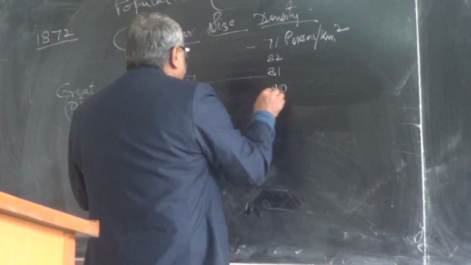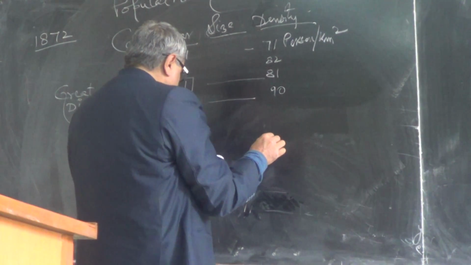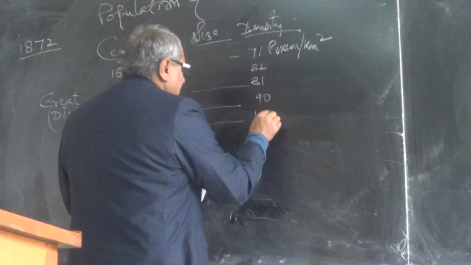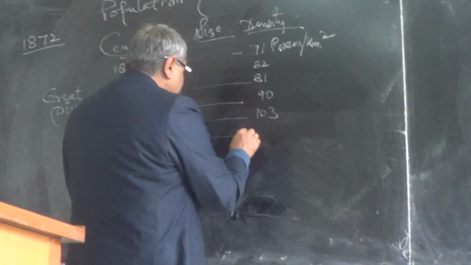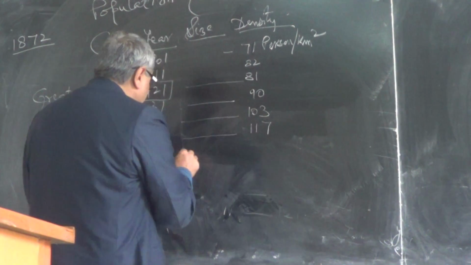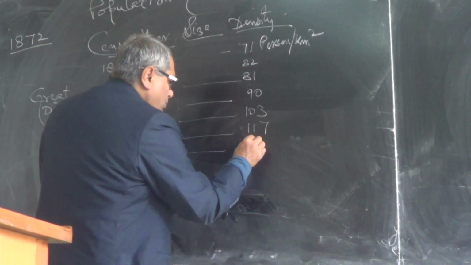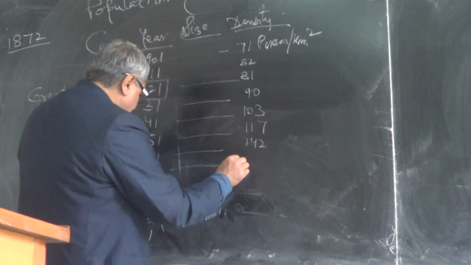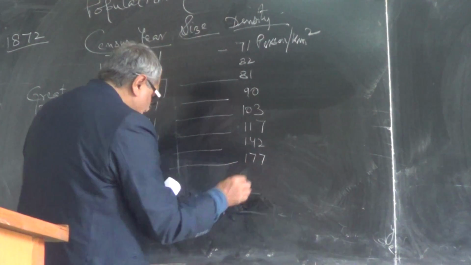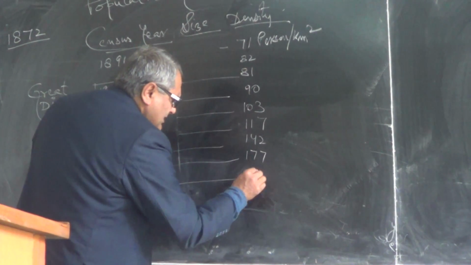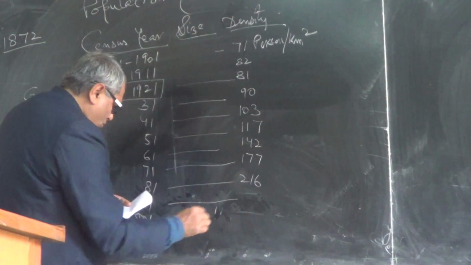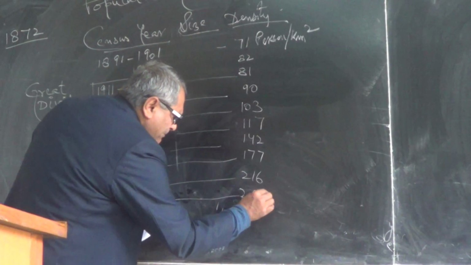Then it became 90 and 103. At the time of independence, our density was 117 to 142. It became 177, 216, and 267.